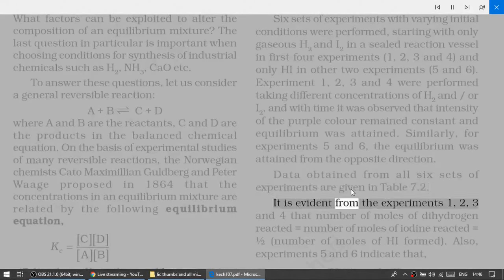It is evident from experiments 1, 2, 3 and 4 that the number of moles of hydrogen reacted is equal to the number of moles of iodine reacted, which is equal to half the number of moles of HI formed. Also, experiments 5 and 6 indicate that [H2(g)]eq is equal to [I2(g)]eq.